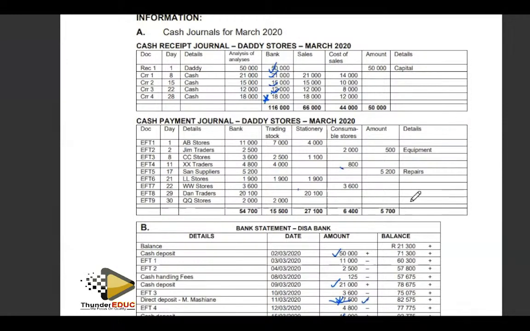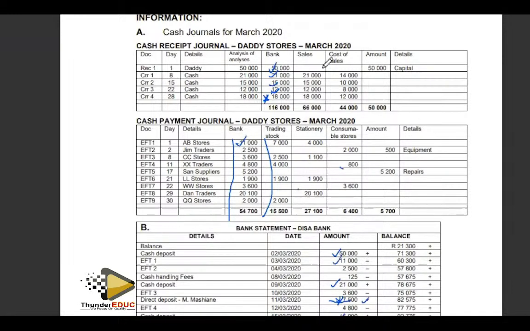Okay, now we're going to compare our bank column with our debits, okay? So first we have this, okay, and this, so they have appeared.